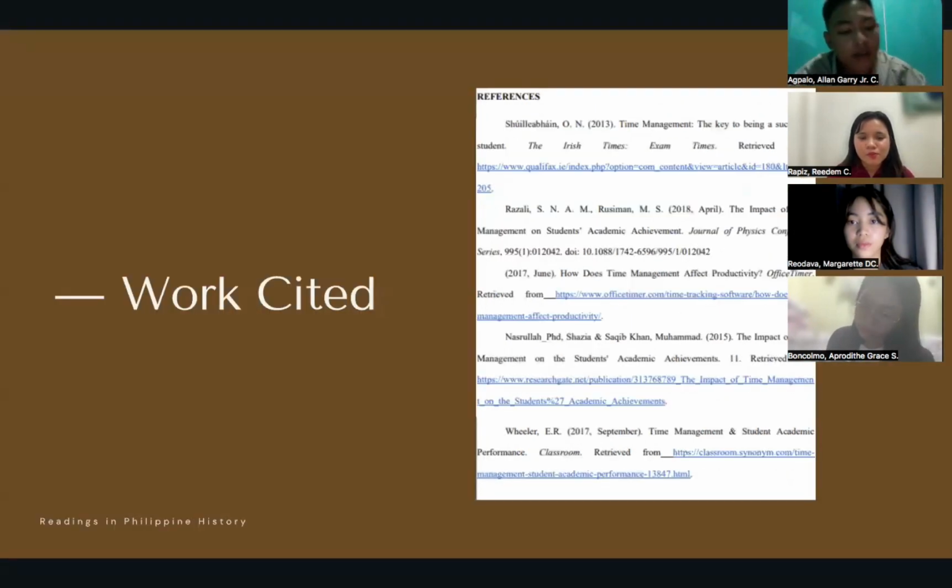So sa works cited, katulad ng mga sinabi ng past reporter, meron tayong iba't ibang types nito, yung APA, MLA, and yung Chicago na madalas natin ginagamit. So sa works cited, ito yung citation natin kung saan linalagay natin yung mga reference, yung mga links ng mga ginamitan natin, ng mga kinuha natin or hiniram natin na idea.